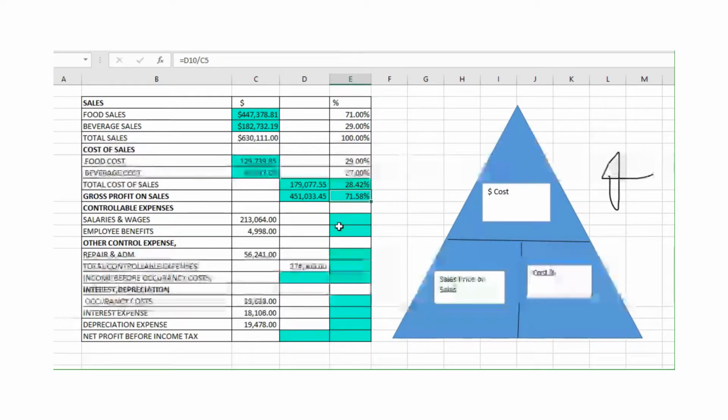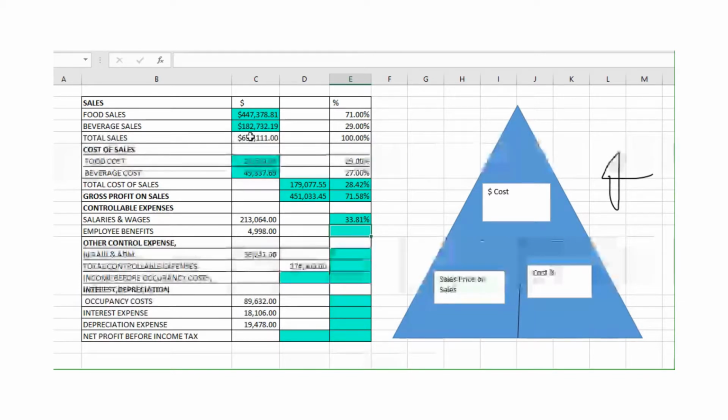Next, we move down to the controllable category, or the first portion of the controllables. Our salaries and wages were $213,064. We want to calculate that as a percentage of sales, so we take, again, the dollar cost divided by our total sales, and our salaries and wages were 33.81% of our sales.